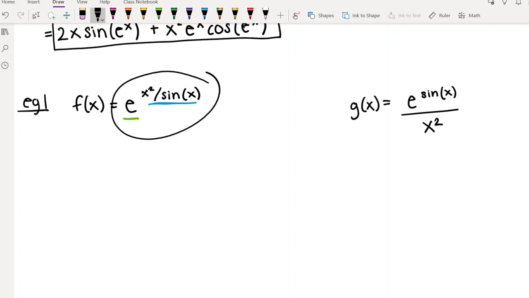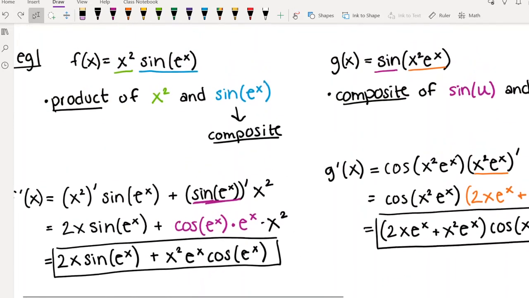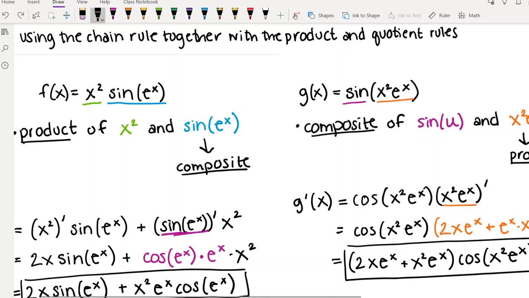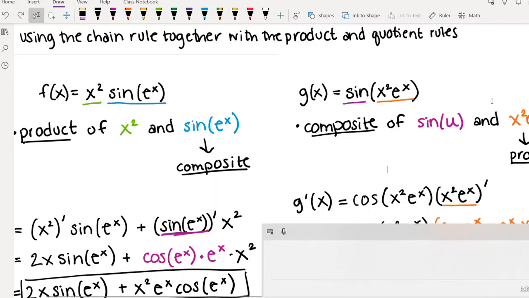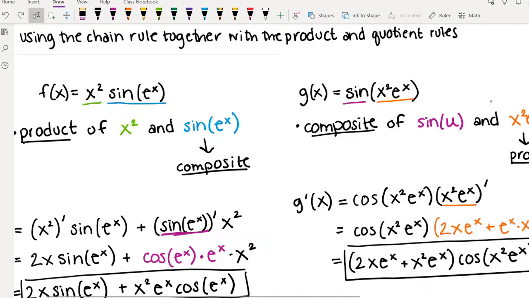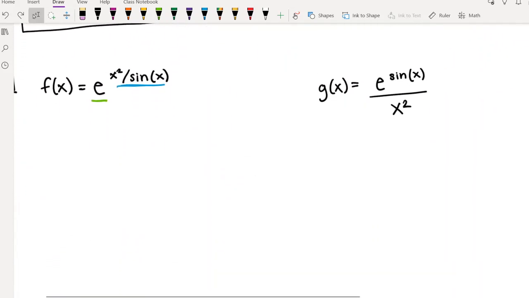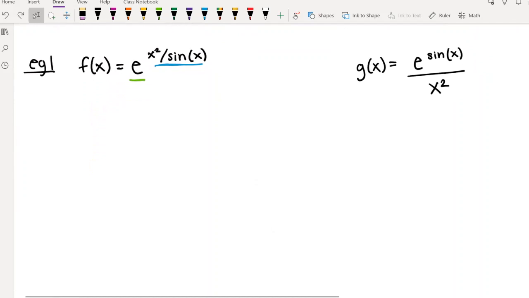There's just no way. Similarly, going back to these two examples, this one, we saw that you could write it as a product. This second one, you can't write sine of x squared times e to the x as the product of two different functions. It's sine of a product of functions. So here, there's a quotient happening within the function, but the function is not itself a quotient.